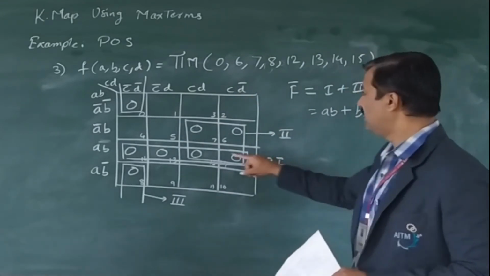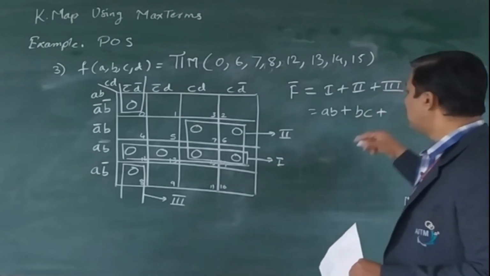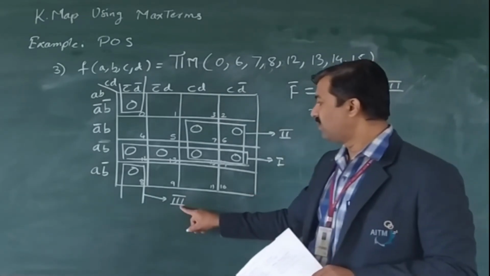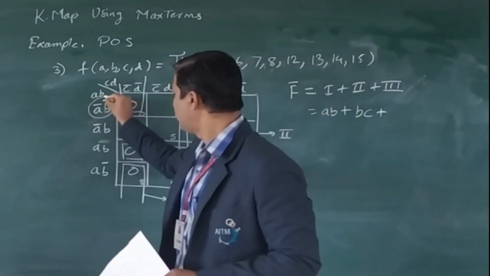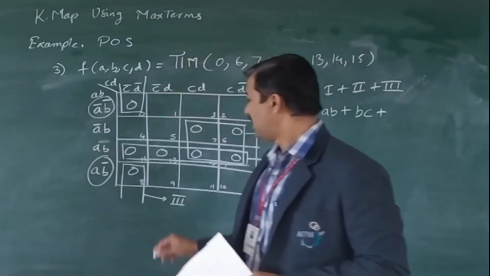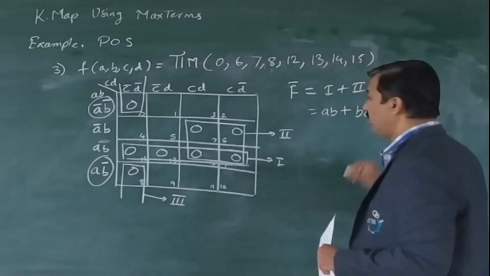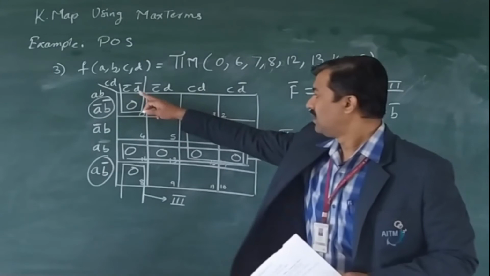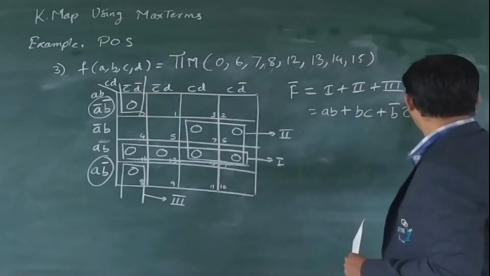C, because D and D bar are changing here. So the third product term, what we are going to have is this and this. You can see the constant term is B bar, and for these two terms it is C bar, D bar.